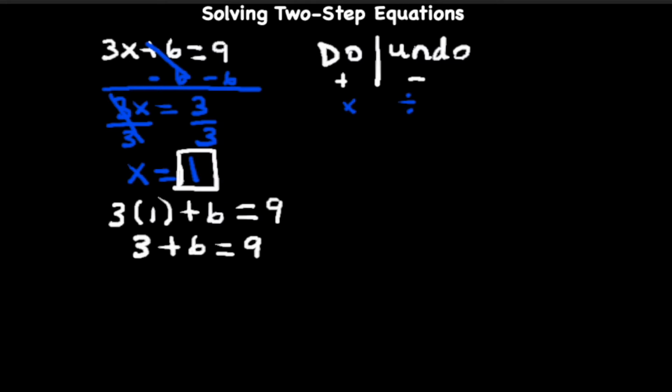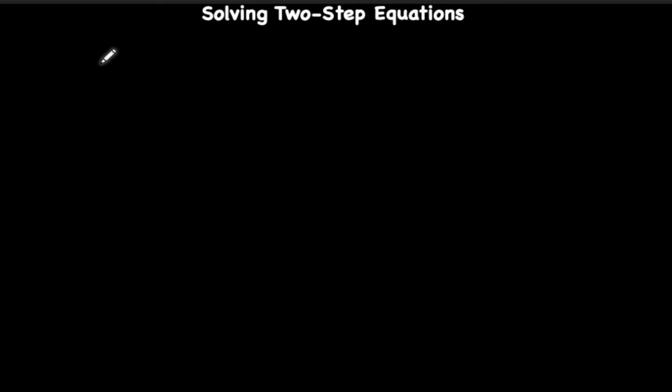Okay, another example. Let's say you're given negative 12 times n minus 3 equals 7. Okay, so let's set up a do and undo here.